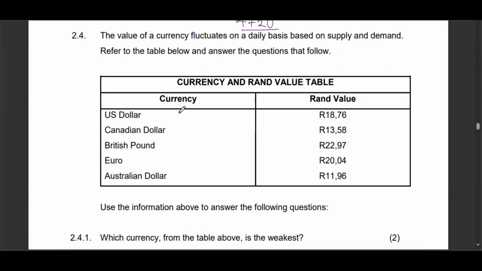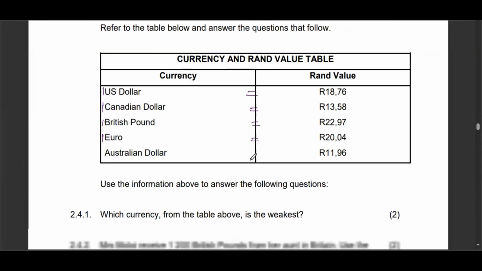Currency and rand value table. 1 US dollar is equivalent to, 1 Canadian dollar is equivalent to, 1 British pound is equivalent to, 1 euro is equivalent to. You understand?